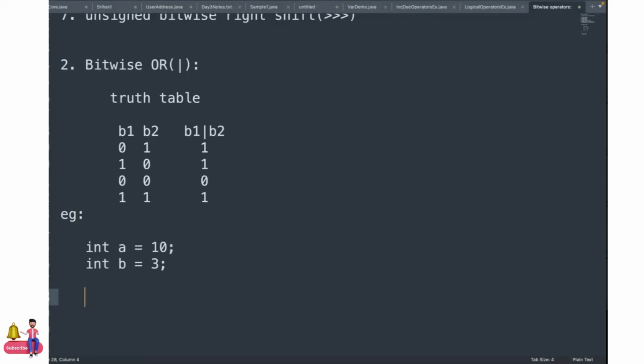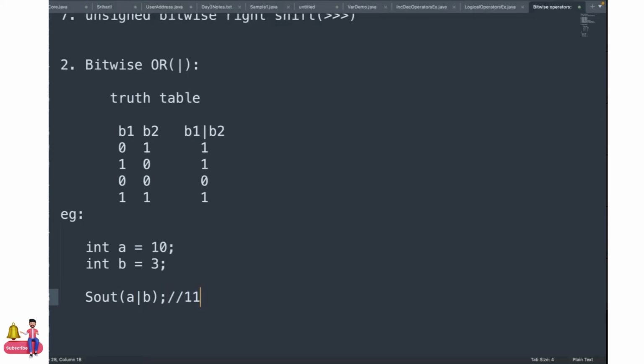If I use System.out.println and say a pipe b, what is the result of this combination going to be? It should give you the answer 11. So let's see how we'll be able to get 11.